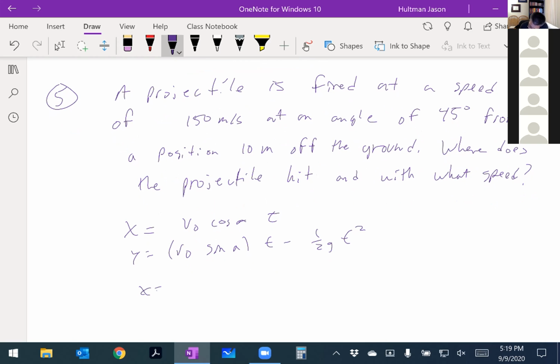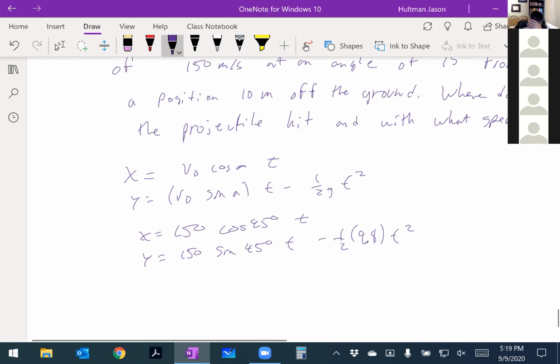So x is equal to 150 times the cosine of 45 degrees t, and y equals 150 times the sine of 45 degrees t minus 1/2 g t squared, which, doing this in meters, g is 9.8 meters per second squared.